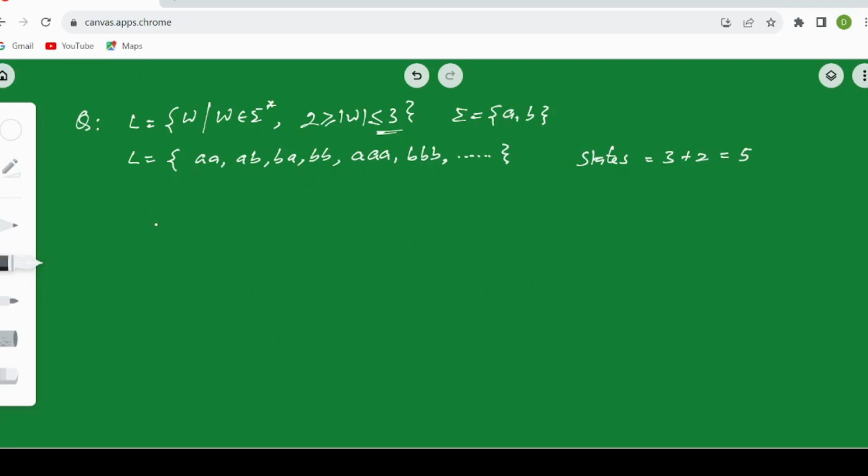Let's suppose this is state number 1, this is state number 2, this is state number 3, this is state number 4, this is state number 5. So this is the initial state.